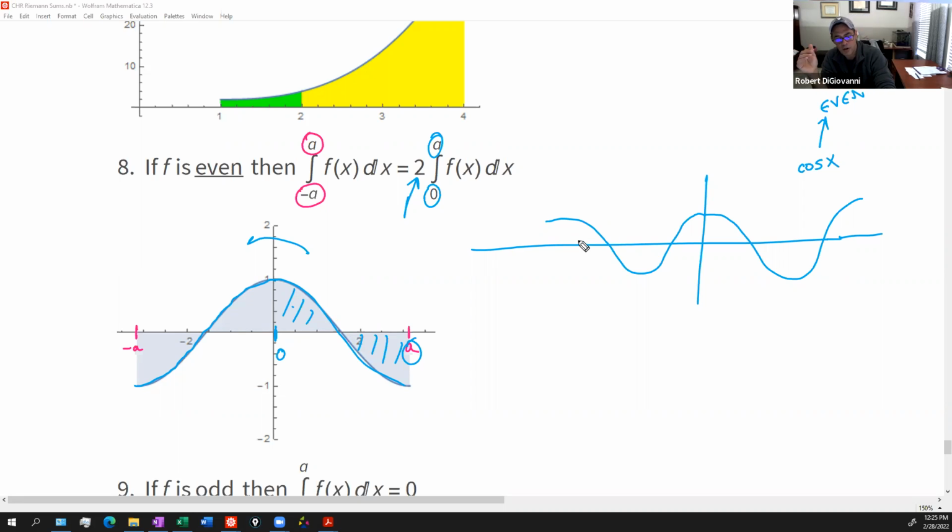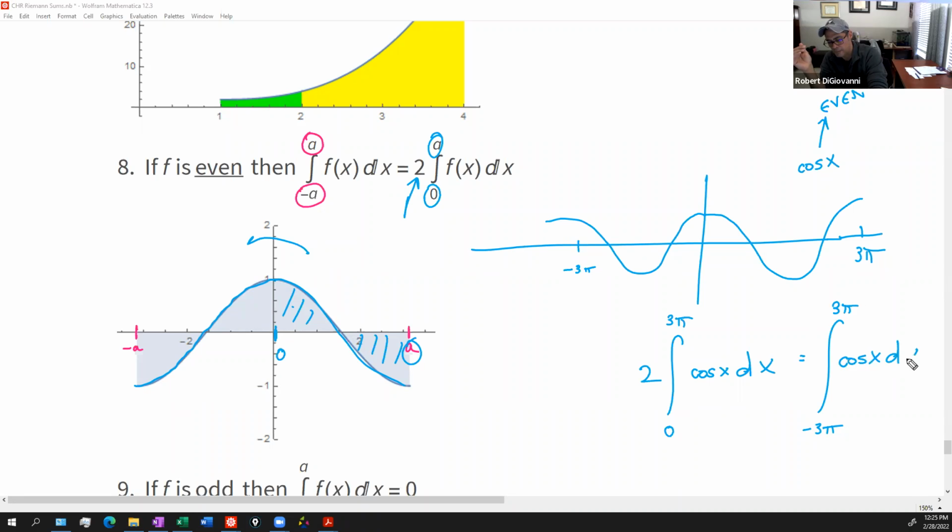So if I wanted to go from negative 3 pi to 3 pi, instead I could go from 0 to 3 pi of cosine x and then double it. That would be the same as going from negative 3 pi to 3 pi of the function. This doesn't come up very often, but there are some homework problems where it does, all right?